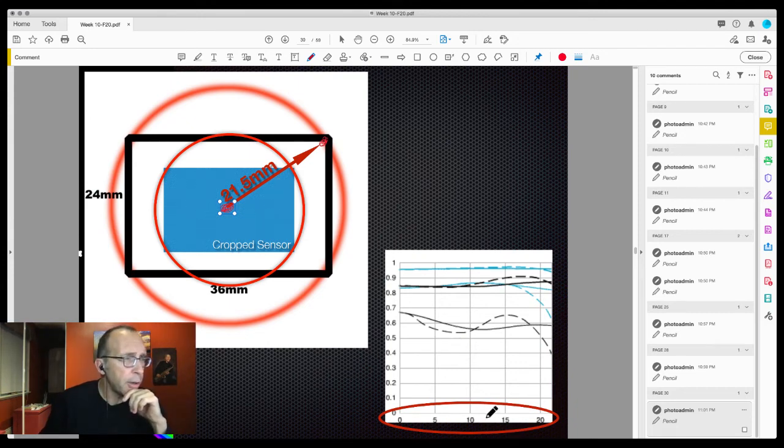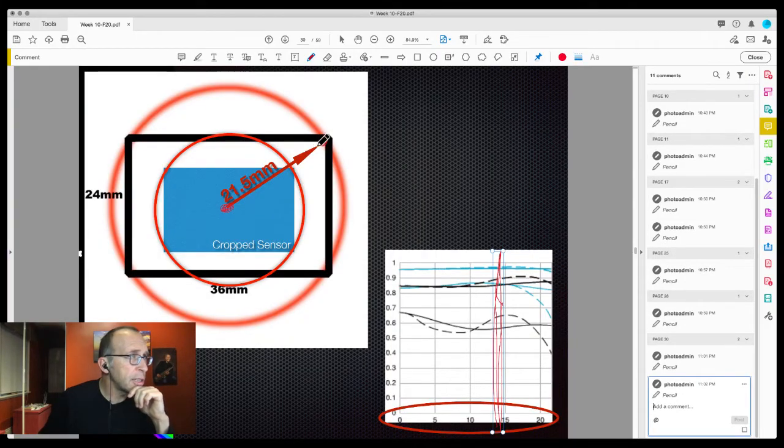So on this graph, we only really have to worry about going up to here, because your sensor is not even recording this part of your image. That is if you're using a regular lens on a crop sensor camera.